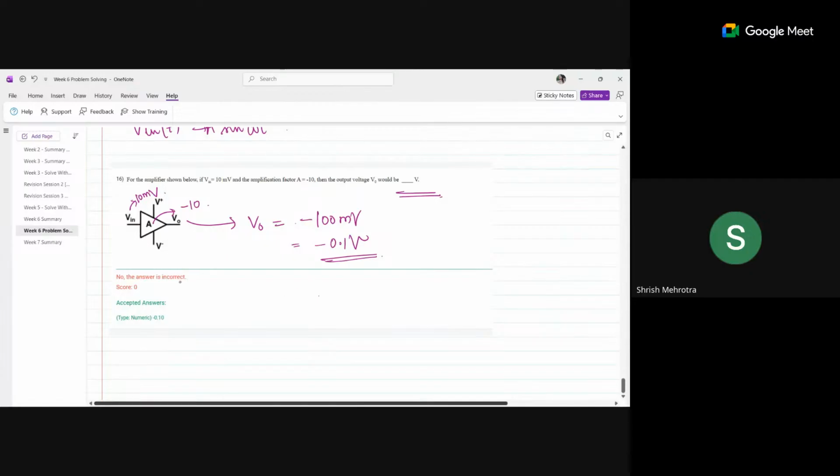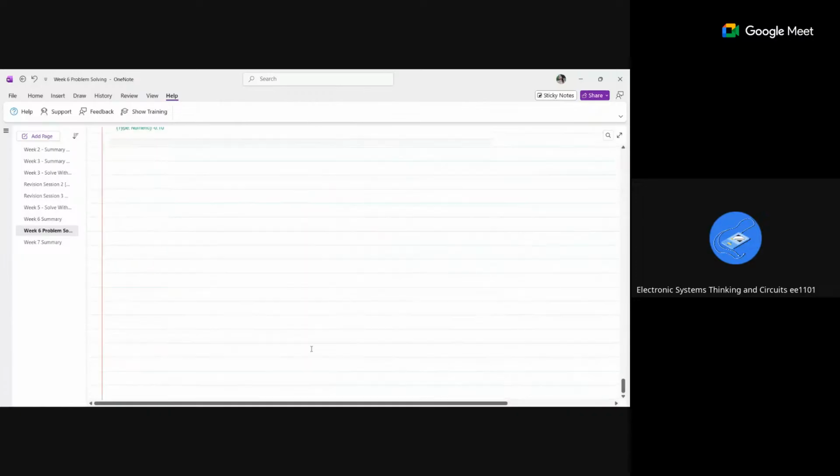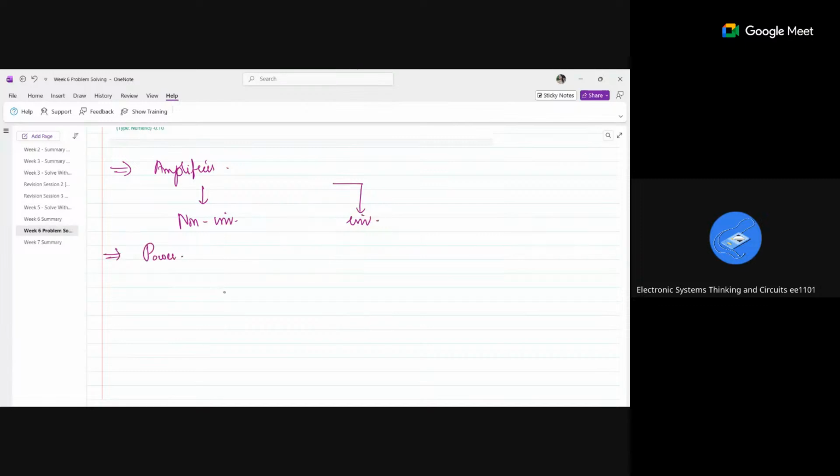Okay, so basically in this week 6, we saw about amplifiers, two types: non-inverting and inverting. Then we saw power conventions. You might be asked to find the power delivered or absorbed by the voltage source, current source, or the resistor. Then we also saw the RC step response, right?